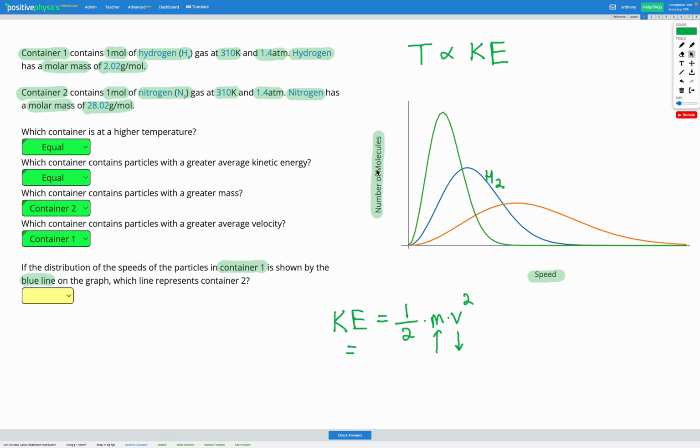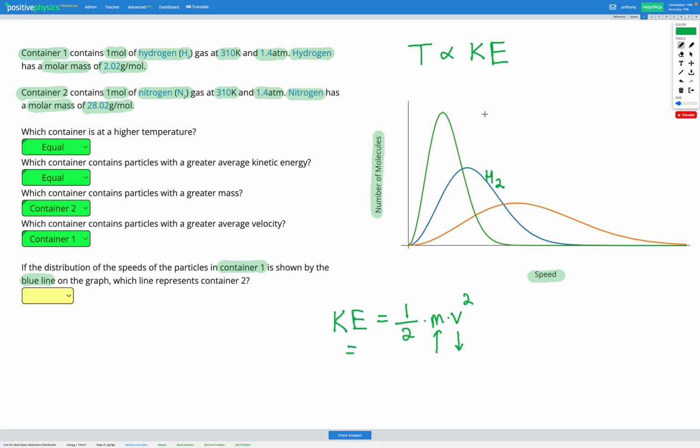This graph is of the number of molecules and the speed. So if we have a greater average velocity for container 1, that means our average speed, which we can think of by looking at the peak of our graph, is going to be higher for container 1 because it has greater average velocity, and it's going to be lower for container 2.